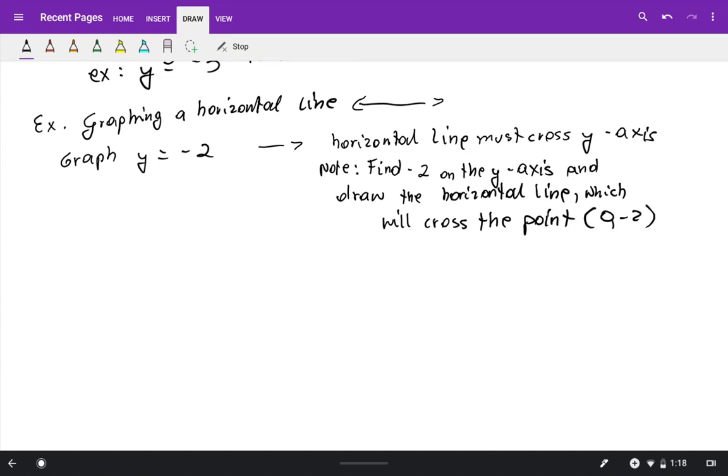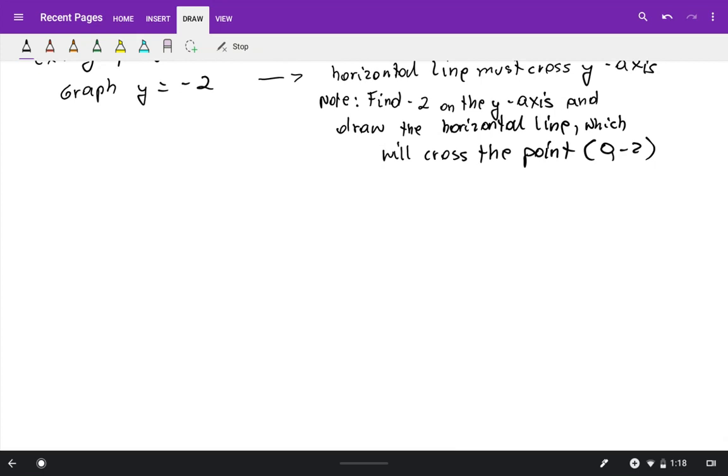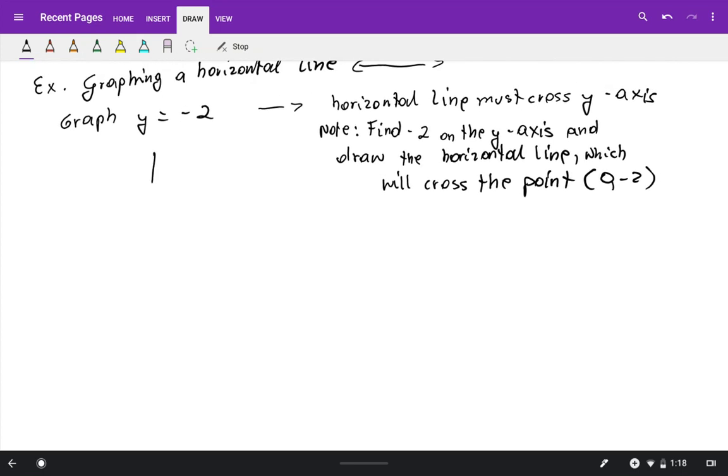I'm giving you a lot of details because for some reason when students have to graph a horizontal or vertical line, they graph a point, which is not correct.